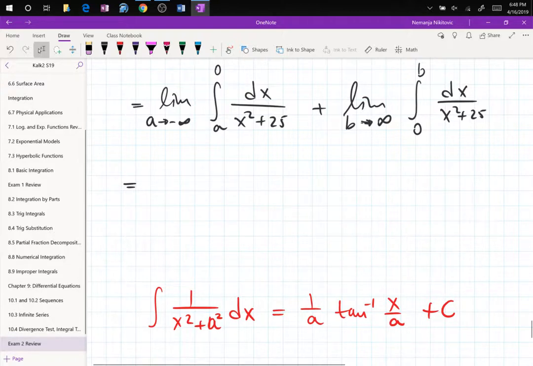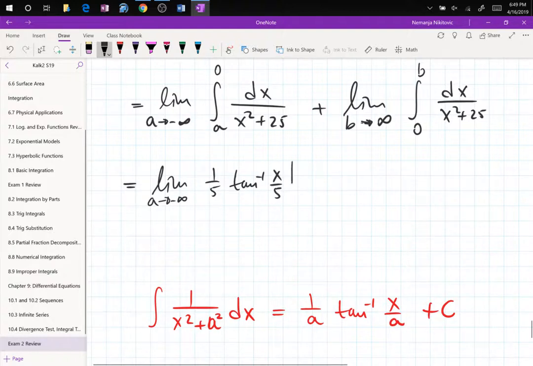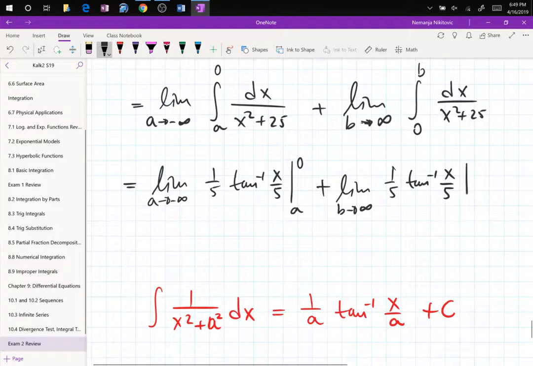Now, I say limit a goes to negative infinity of 1/5 inverse tangent of x over 5 computed from a to 0, plus limit b goes to infinity of 1/5 inverse tangent of x over 5 computed from 0 to b.